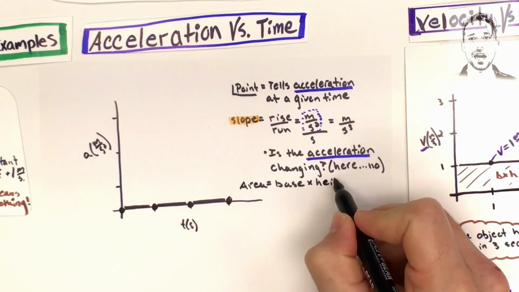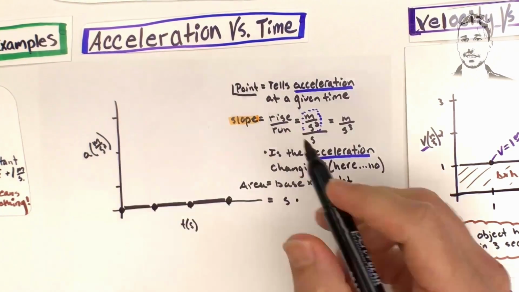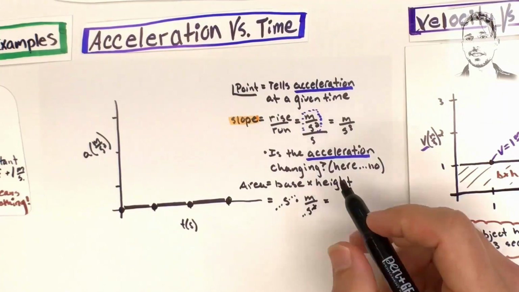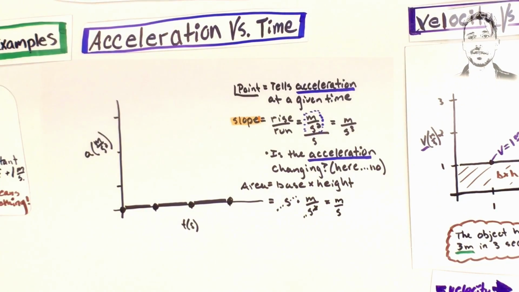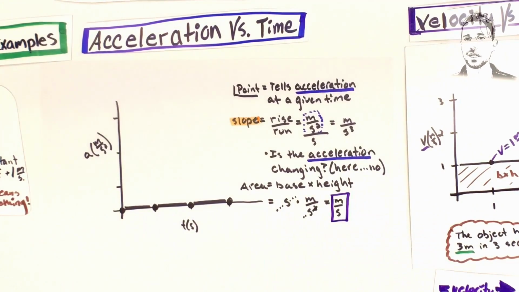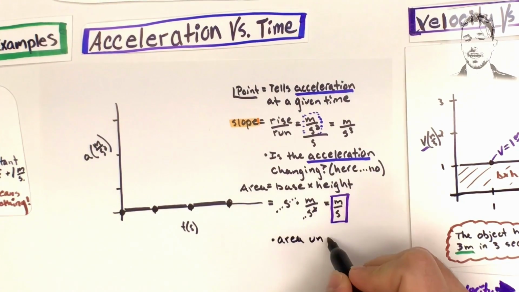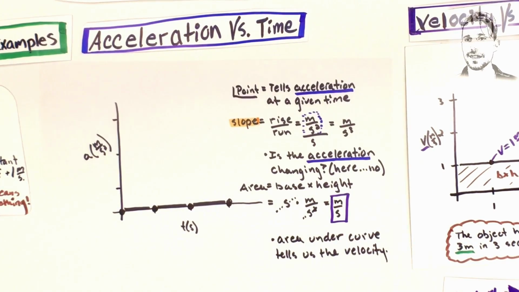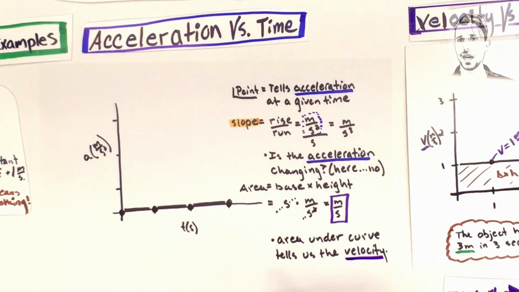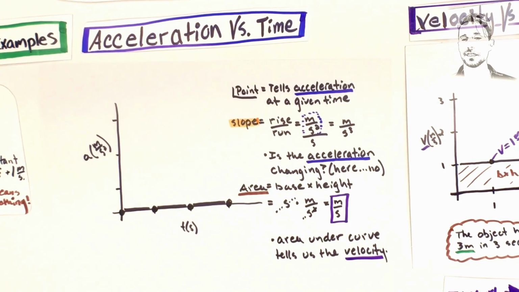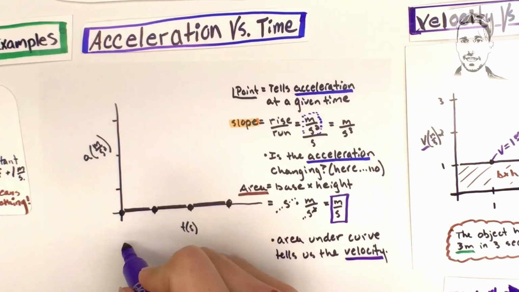And the area underneath, if you do the base times the height, so base in seconds, height in meters per second, is going to tell us meters per second. So that is giving us the change in velocity here. So is that object changing velocity? And this one, we'll see why change in velocity is important at later ones here.